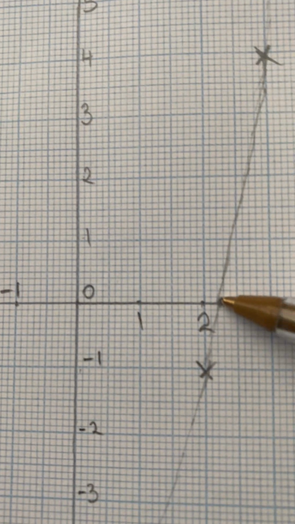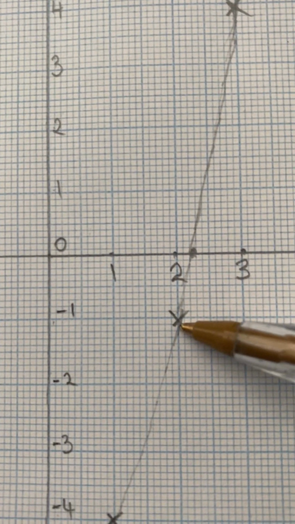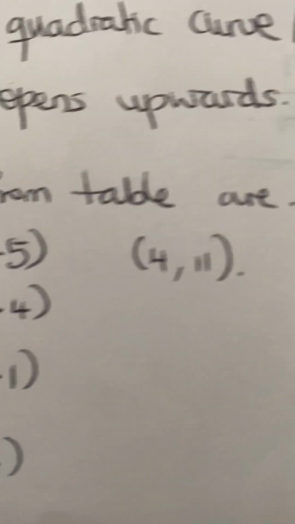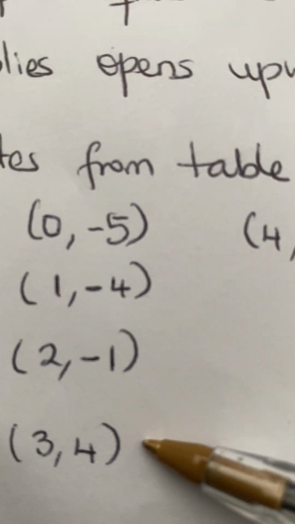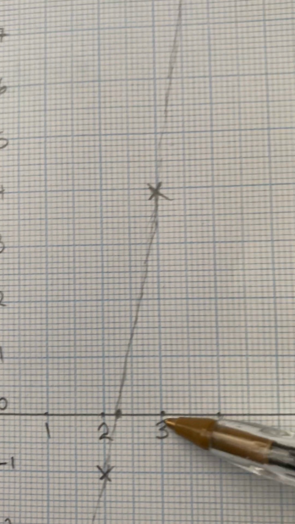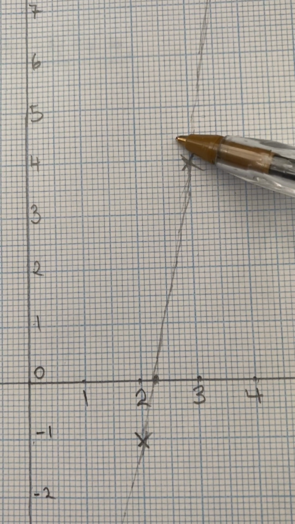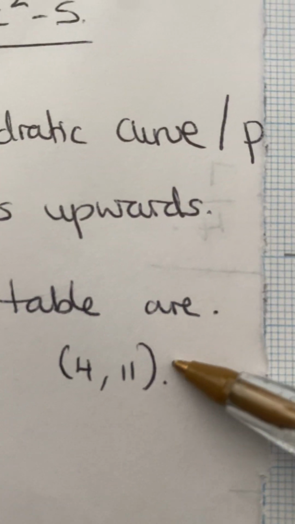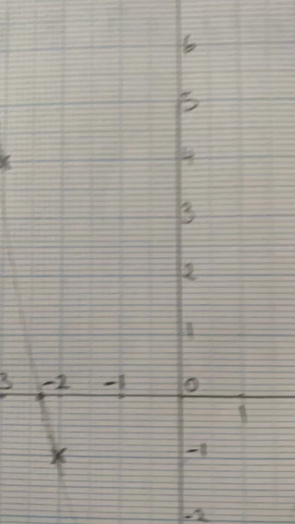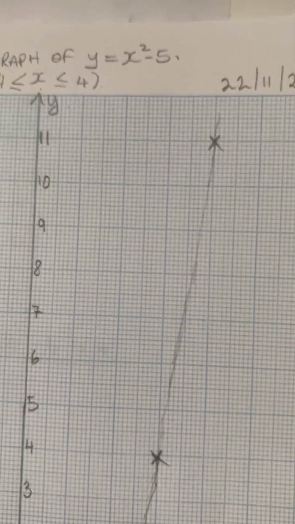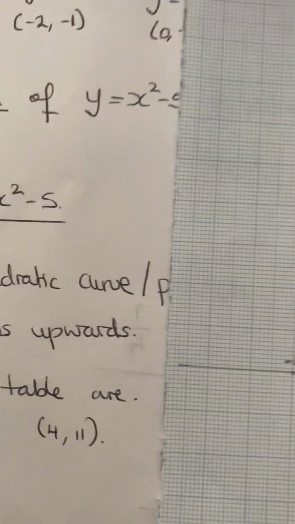So +2, -1. 3, 4. So 3, 4. 4, 11. So 4 all the way to 11.